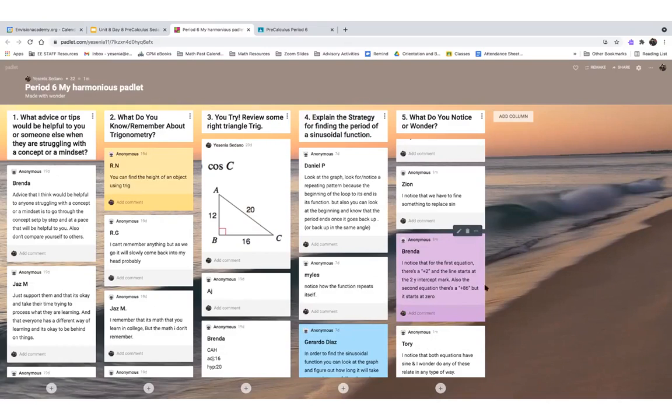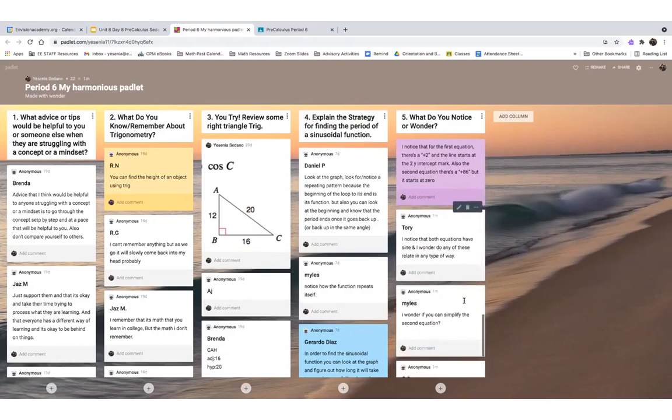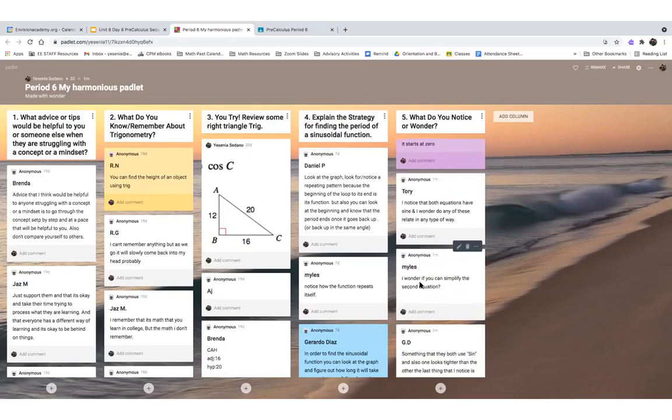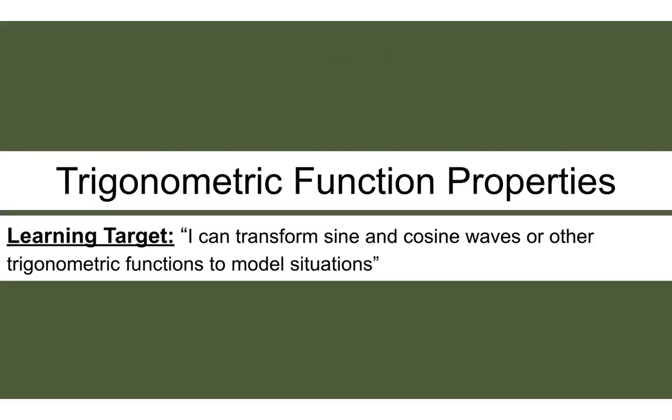And there's some talk about the y-intercept. And we got the mentioning of the sine. Can we simplify the second equation? That is a good question, and we'll probably learn that today. A Ferris wheel, windmill. There's other actual things we could model.